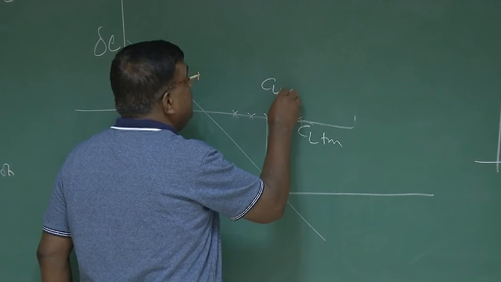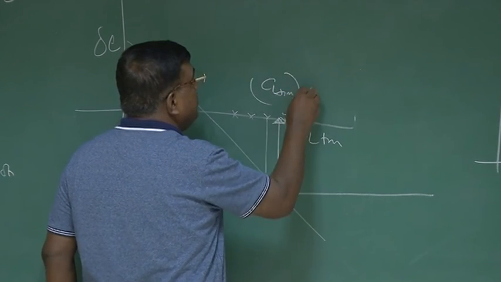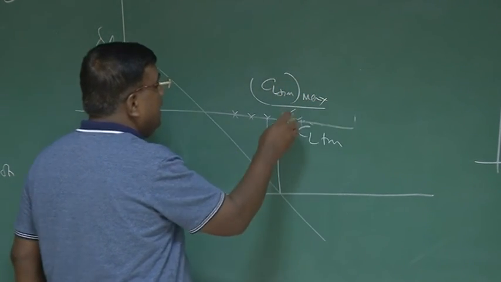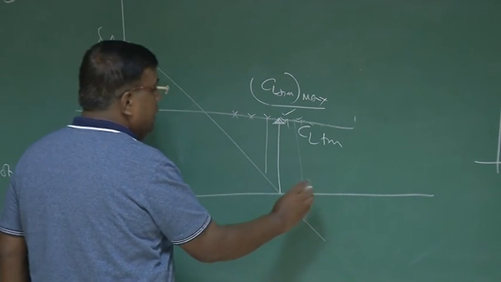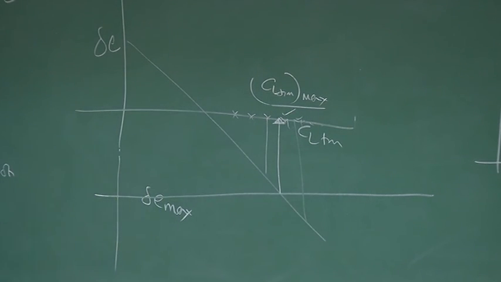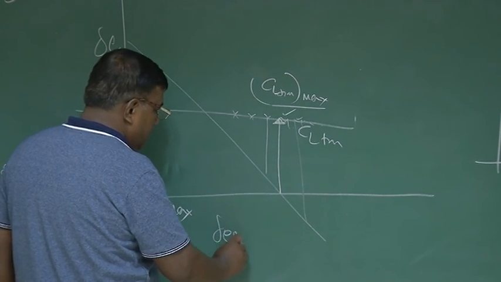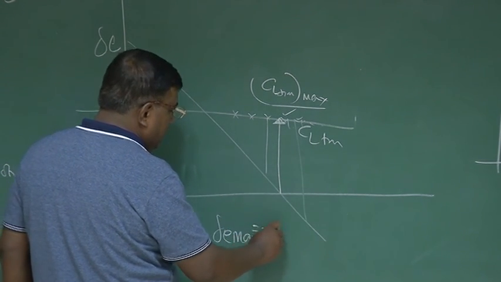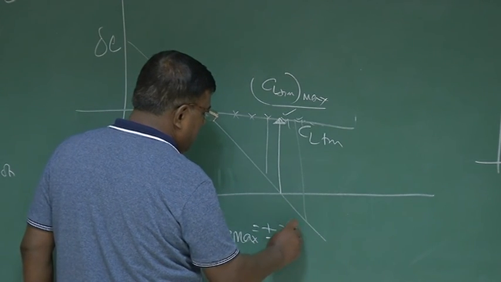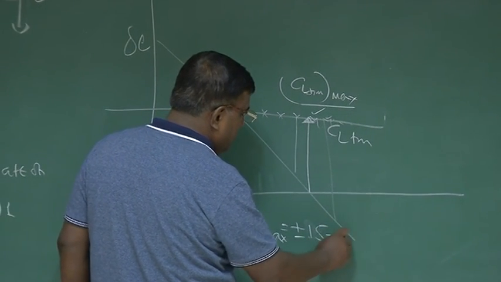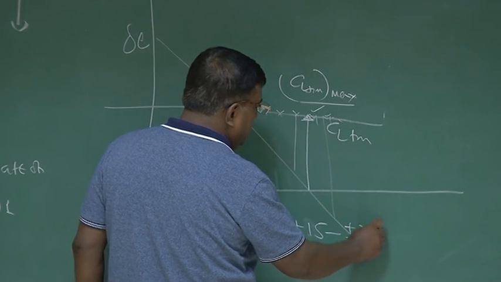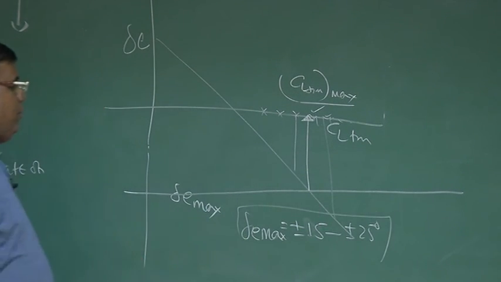So this is the CL trim maximum. Beyond that, if CL trim is here, I cannot manage it with the elevator. This delta E max value for a conventional airplane is between plus minus 15 to plus minus 25 degrees. But there are methods to increase this by adding some add-on system, right?